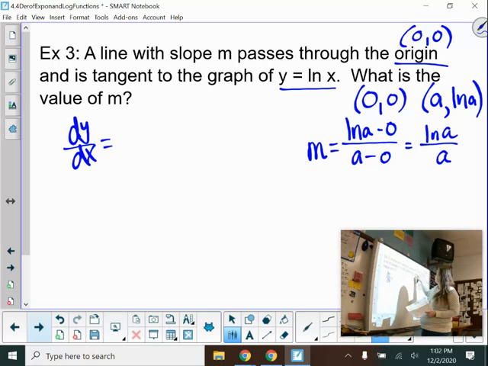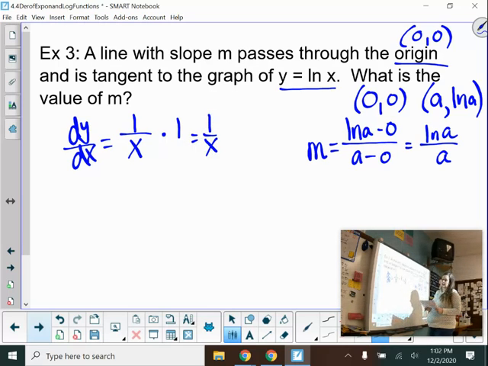The derivative of natural log x is going to be 1 over x times 1, which is just simply going to be 1 over x. Now we're evaluating this at the same point. So I'm saying, okay, this is where x is equal to a, so I get 1 over a.